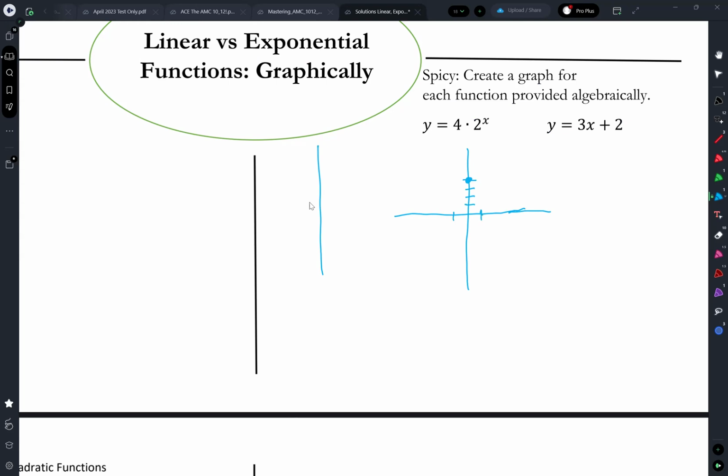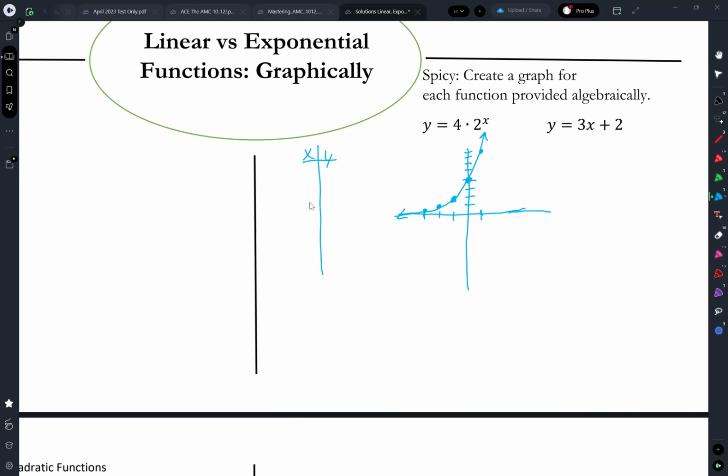And so if I start at 4 and I multiply it by 2, I get 8. So (1, 8). Now, if I go backwards, -1 was mapped to 2, -2 mapped to 1, -3 then would have been 1/2. That way, when I multiply by 2 each time, I get the next point.